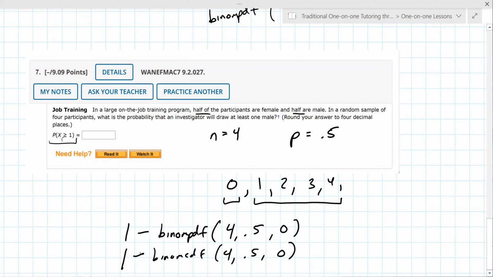Gotcha. So it doesn't matter which one I choose. I just have to subtract. Yes, because you're getting this one here and you want the other one, so you subtract it from unity, or whole 1. Simple. Okay, that's good. Gotcha.